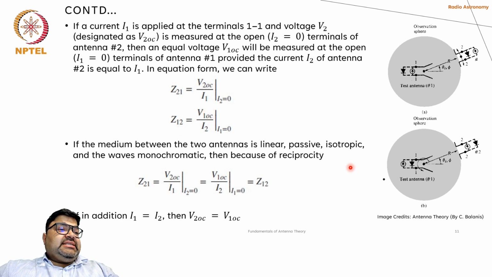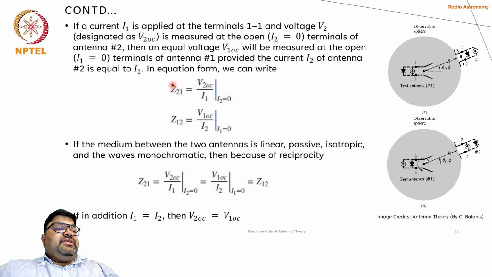In the second case Z12 is the reverse: V1 open circuit divided by I2, the current from antenna 2, where I1 equals 0 because it is open circuit in 1. So that's why this equation is valid.